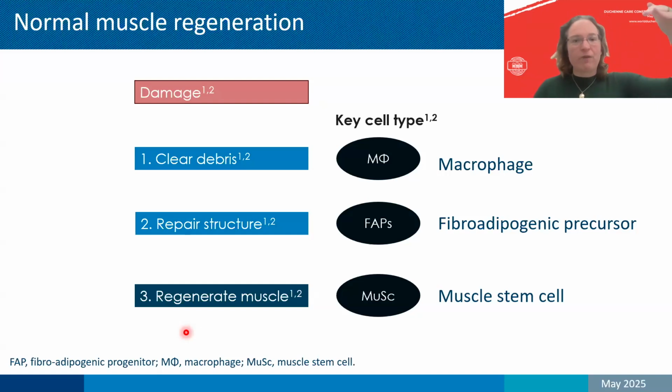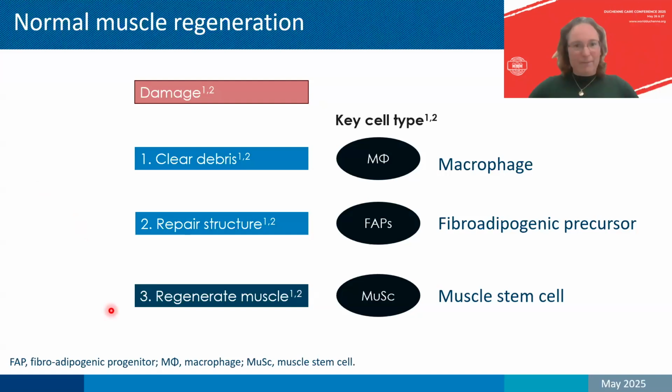tubes of connective tissue with muscle, which is again the contractile muscle. These processes are very well synchronized, because you first need to clear away the debris, then you can start repairing, and only when you have the connective tissue repaired can you repair the muscle. I can compare it to when you remodel your kitchen. When there's a gas explosion in your kitchen, you're going to first clear away everything, all the rubble.